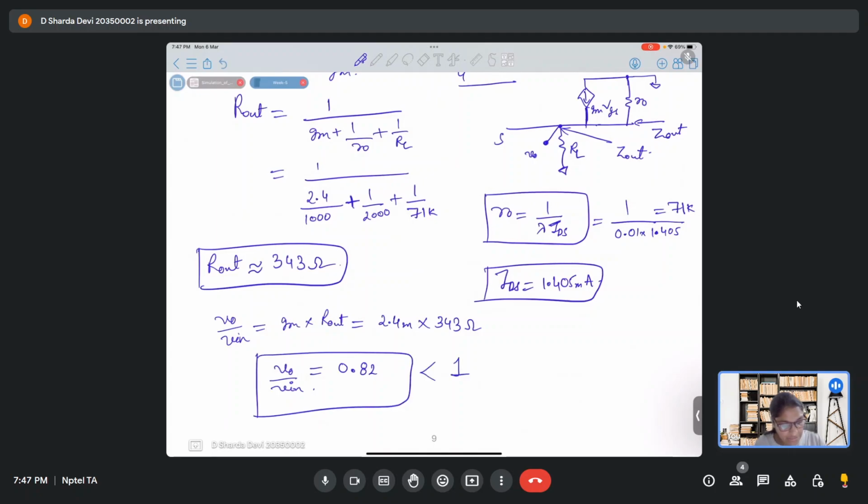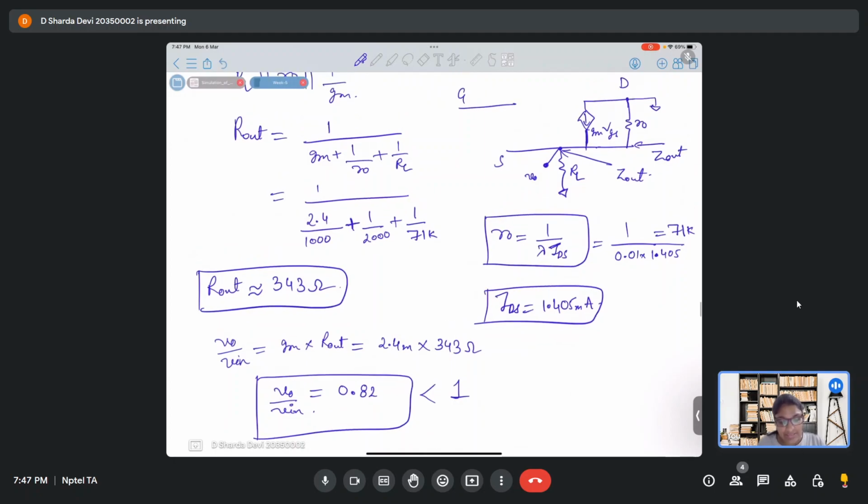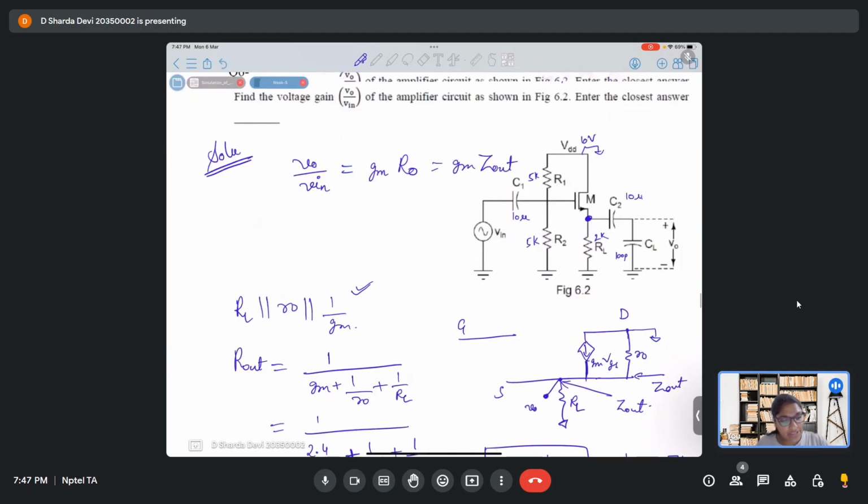This is also less than 1. The closer it is to 1, it will act as a buffer circuit, and the lesser the gain than 1, it will act as an attenuator. Makes sense? And what configuration is this circuit?